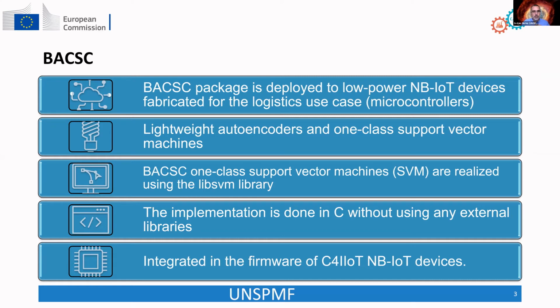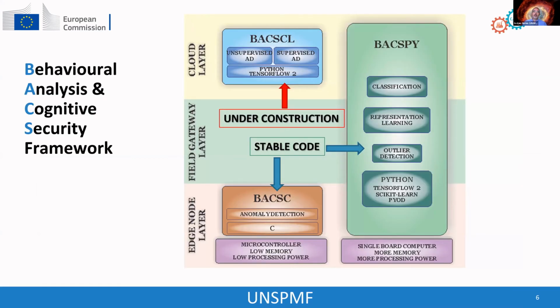If we go back to this picture, you see it says stable code. So BACS-C is finished. It's a stable version, and also the BACS-Pi component. This Pi means Python. That's also stable. And as you can see, it stretches through all three layers. It can be used in all three layers of the architecture, but you have to run it on something that has an operating system at least.